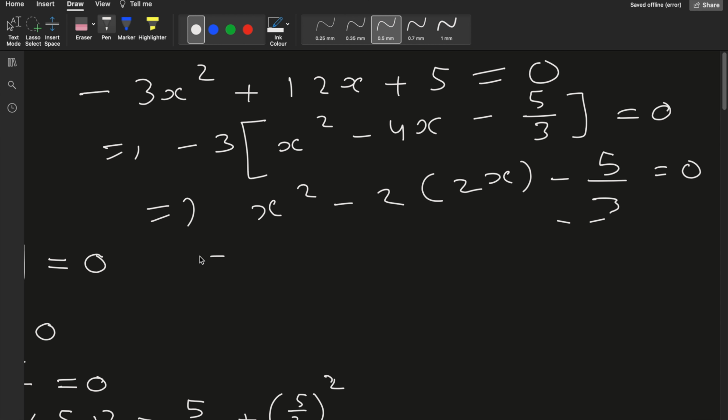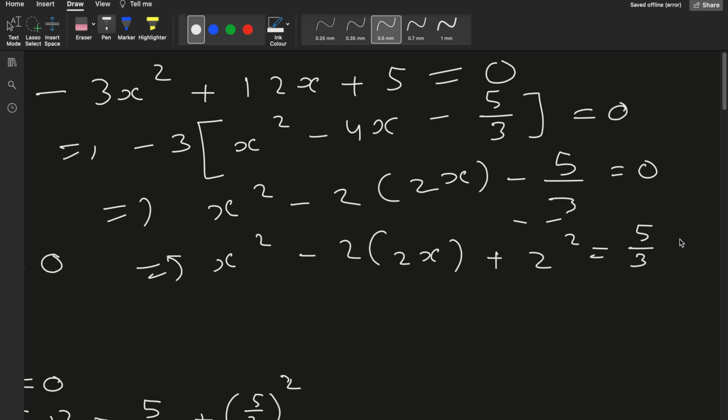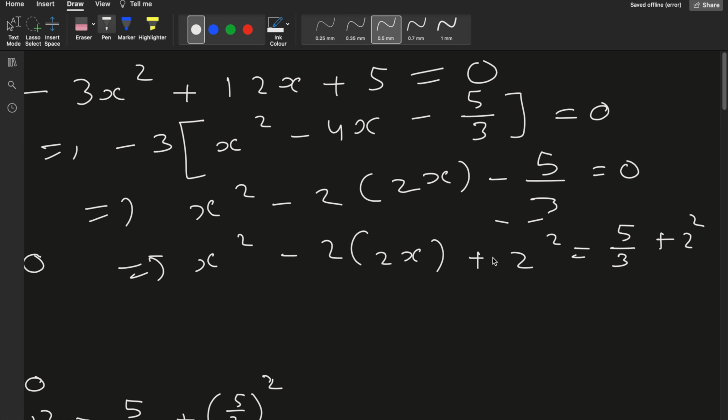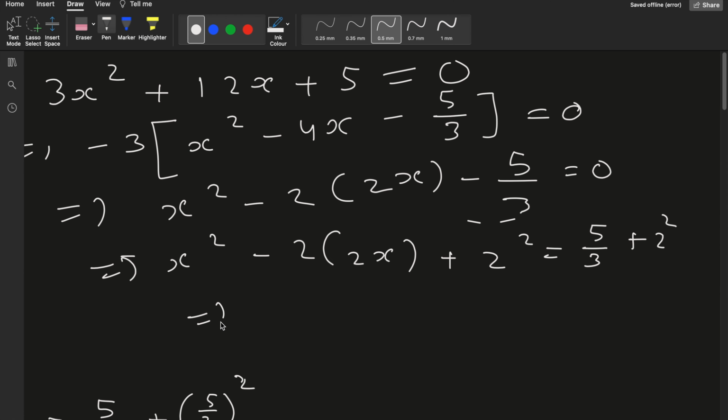Now let's write x squared minus 2 into 2x plus 2 squared equals 5 divided by 3 plus 2 squared. This implies that (x minus 2) whole squared equals 5 divided by 3 plus 4, which is 17 by 3.